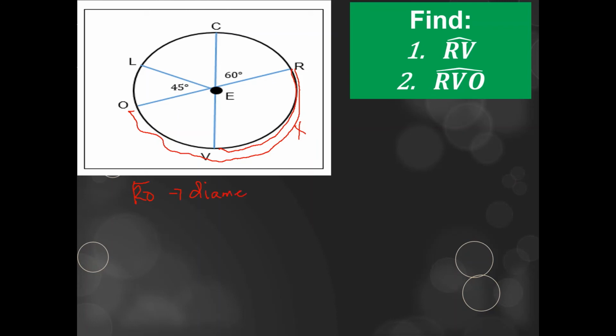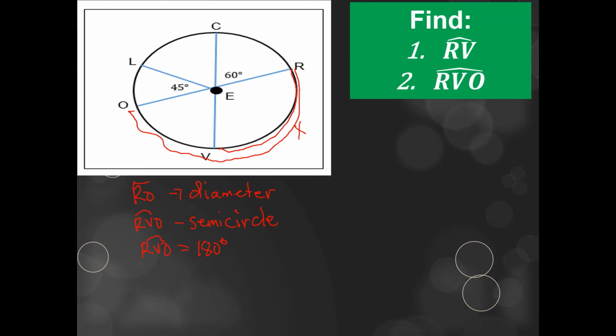So since RO is a diameter, arc RVO is a semicircle. And the measurement of a semicircle is 180. So arc RVO is equal to 180 degrees.